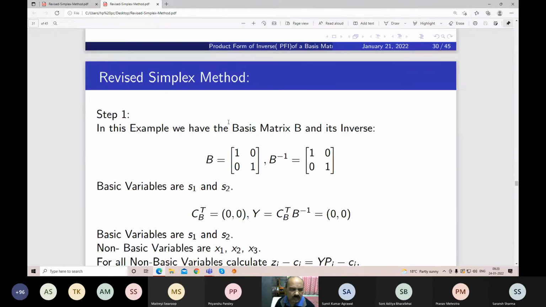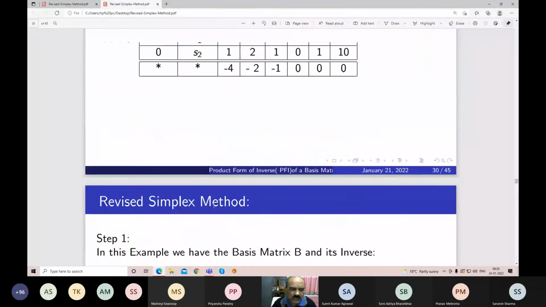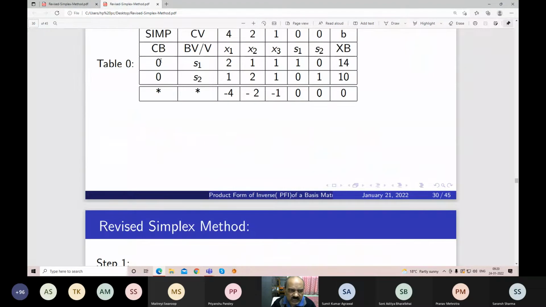In this example we'll follow all the steps. Initially our basis matrix elements are 1, 0, 0, 1, so its inverse is also 1, 0, 0, 1. What is CB transpose? CB as a column vector is 0, 0, and CB transpose is the row vector 0, 0.